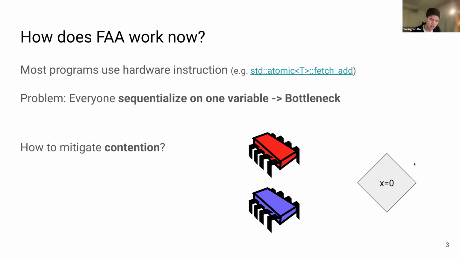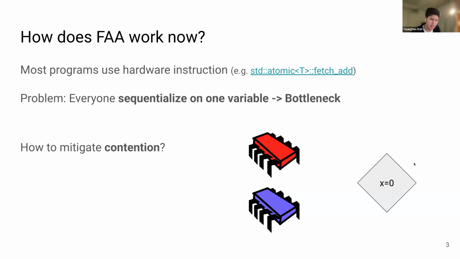Because fetch&add is so universally used, basically all modern CPUs provide a hardware instruction to do this fetch&add operation. And if you want to use fetch&add in your program, you might look through the standard library of your language.